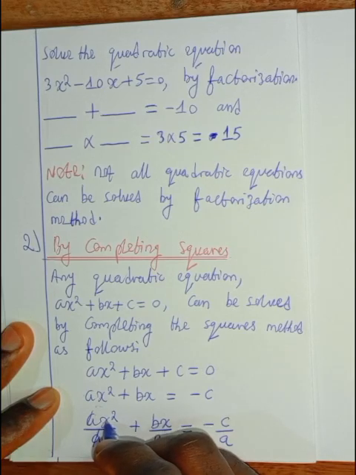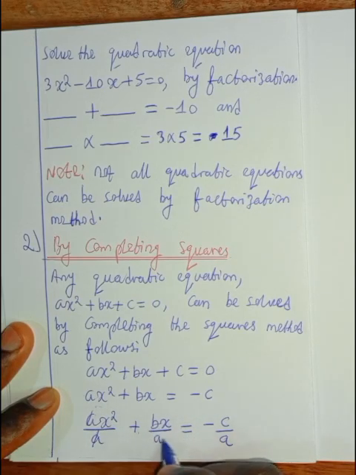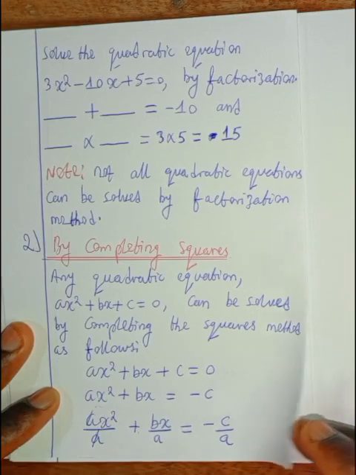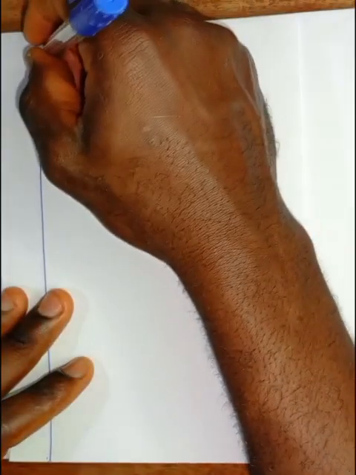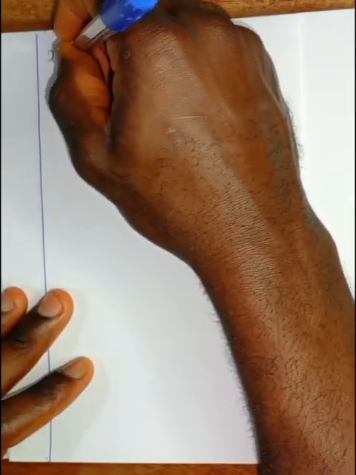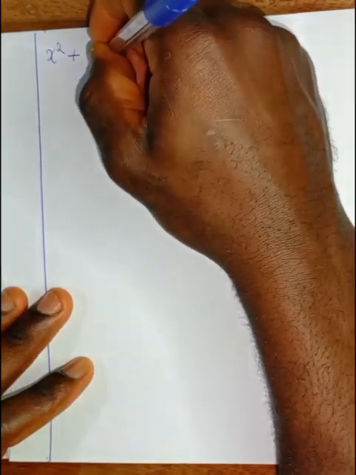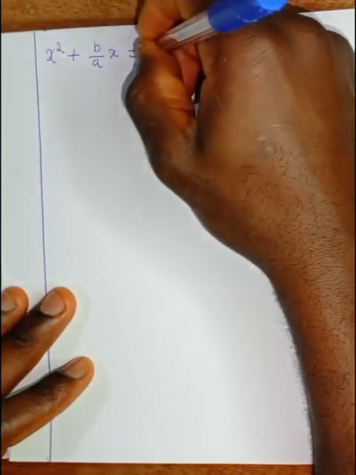We will be left with x squared plus b over a x is equal to -c over a.